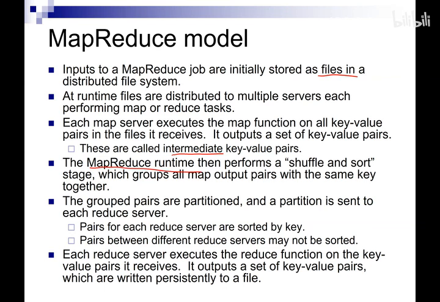So it's going to group together all the pairs with the same key, and then distribute these grouped key value pairs to the reduce servers. The reduce servers do some more processing on these key value pairs, and then write it back to the file. Okay, so this is sort of like one cycle of the Mapreduce computation.